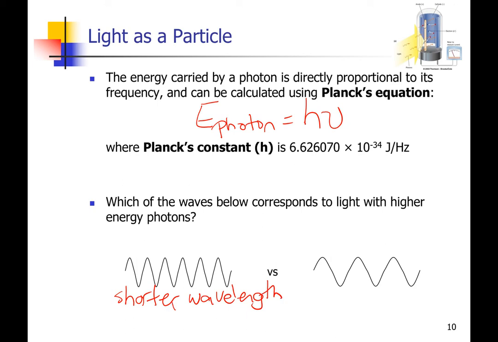If each complete cycle is shorter, you're going to get more of them past that point. So shorter wavelength, therefore higher frequency, and therefore higher energy compared to the longer wavelength, lower frequency, and therefore lower energy wave drawn on the right.